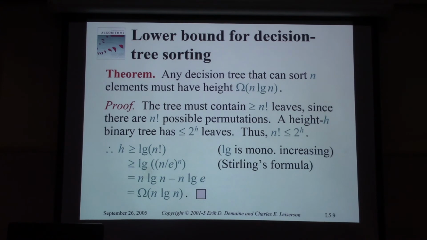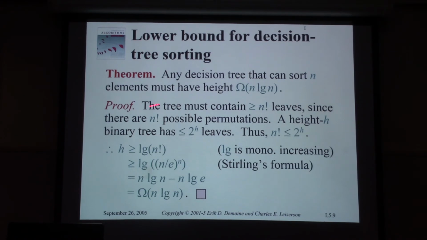So the theorem that we can make is that any decision tree that can sort n elements must have a height of n log n, big omega, at least. We know that the tree must contain at least n factorial leaves, because that's all the possible ways we can end up, since there are n! possible permutations.